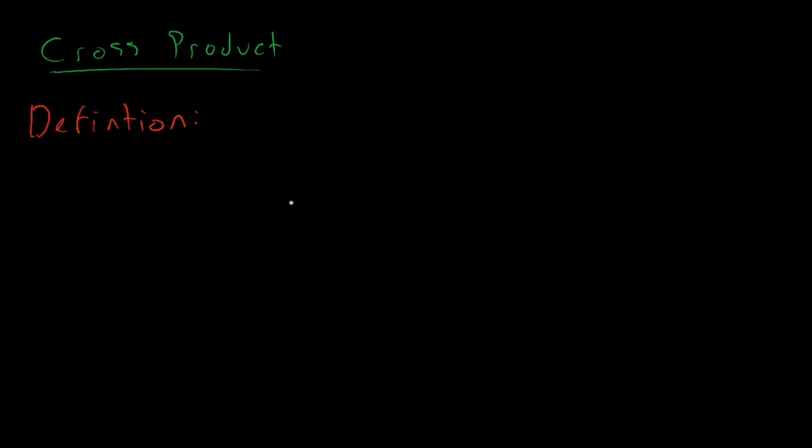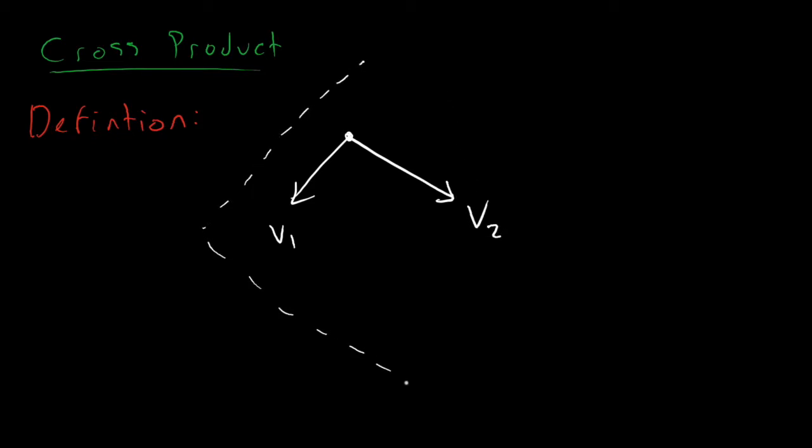The cross product. The definition of the cross product is as follows. So let's say we have two vectors. So we have v1 and v2. And let's say that this is the plane that they exist on, because this is going to turn out to be pretty important. And what would be, let's say, v1 cross v2?